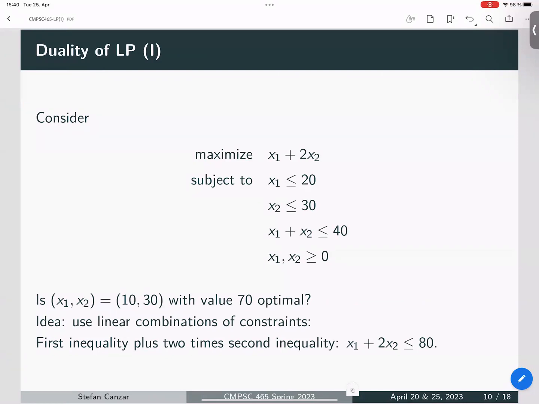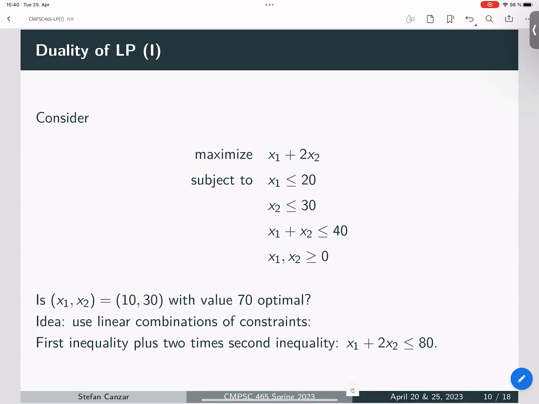Well, x1 only occurs in the first constraint, so the sum will only have x1. x2 only is contained in the second constraint, which we multiply by 2. So we will have 2 times x2. So we have x1 plus 2 times x2. And we do the same thing for the right-hand side. We add it up, multiplying by 1 and 2, we get 20 plus 2 times 30, which is equal to 80.